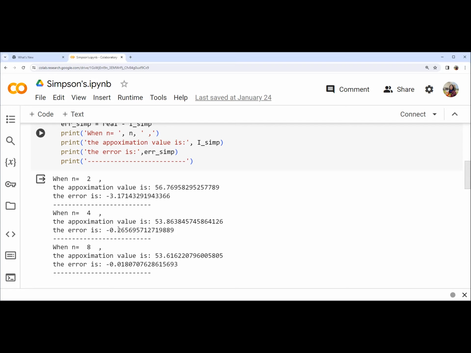You will see the magnitude of the error is decreasing by 1 order, 2 orders. So you can see the decrease of the error if you use the composite Simpson's rule, by the experiment.